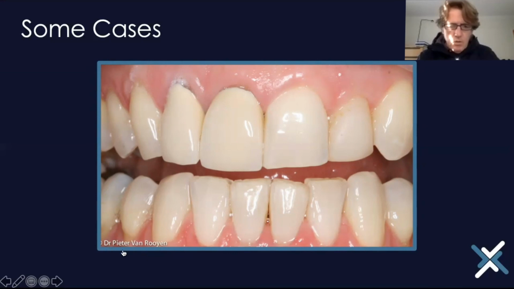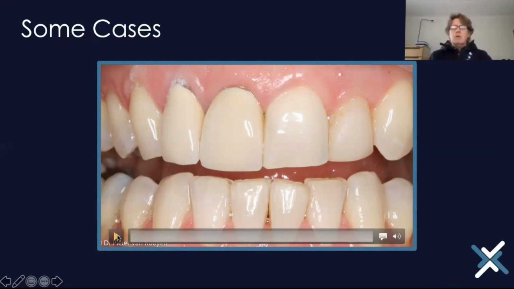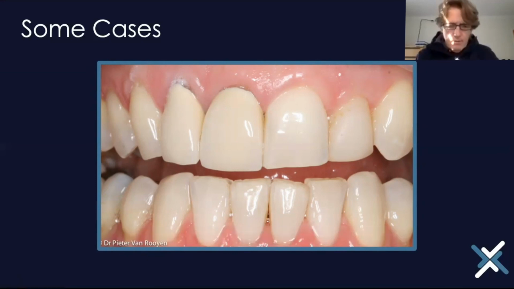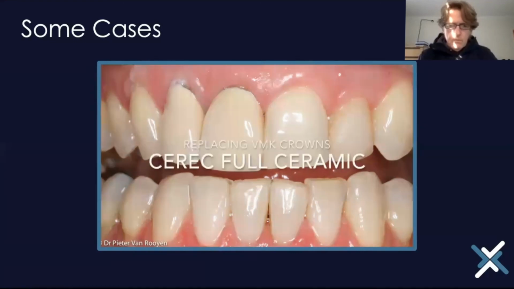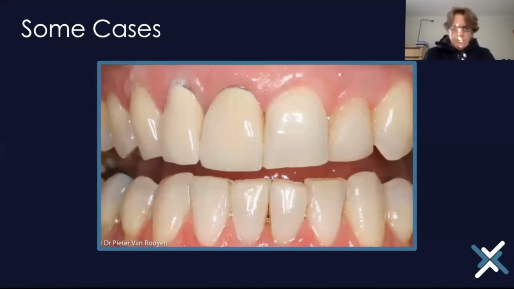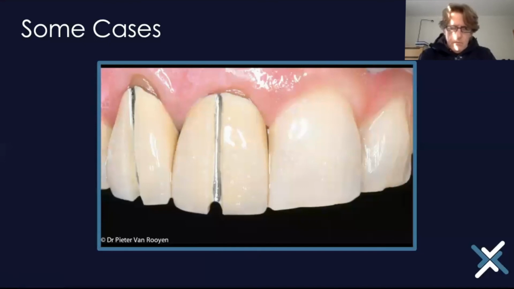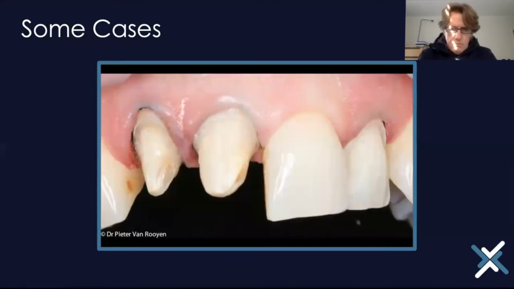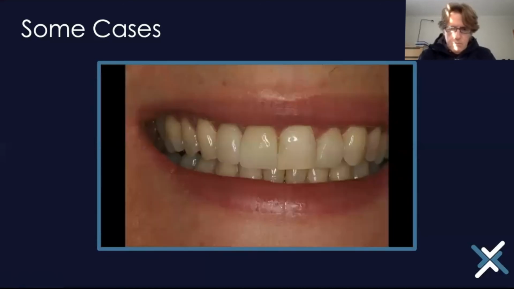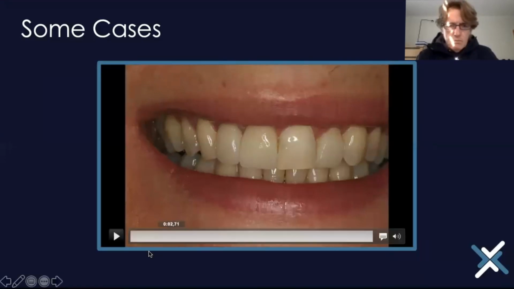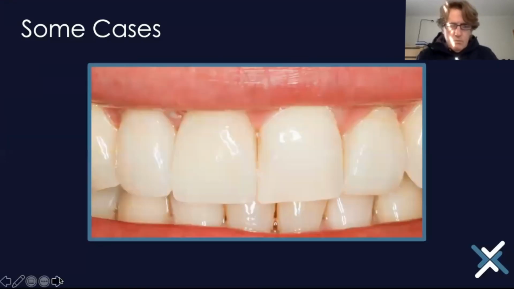Have a look at where the margin is situated that we prepare for the scanner. I think you'll agree that that is a fair result.